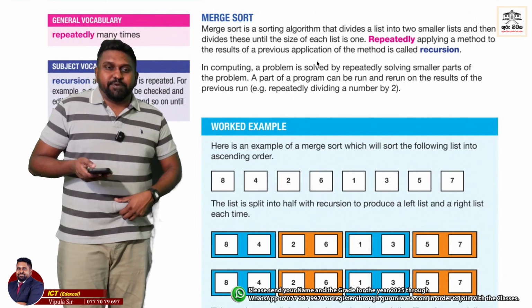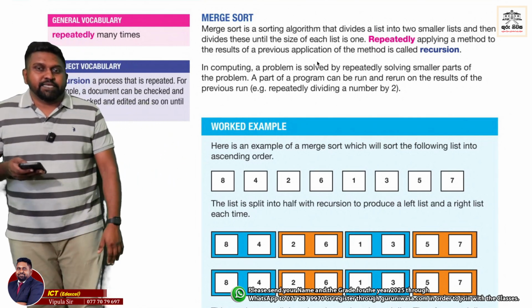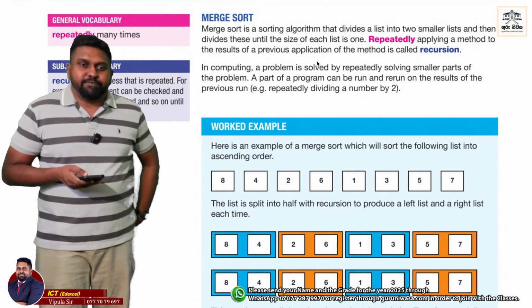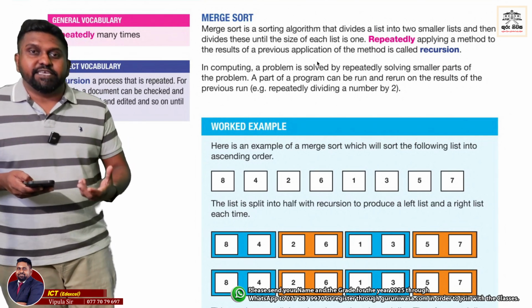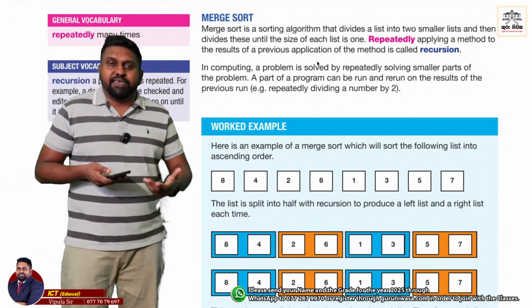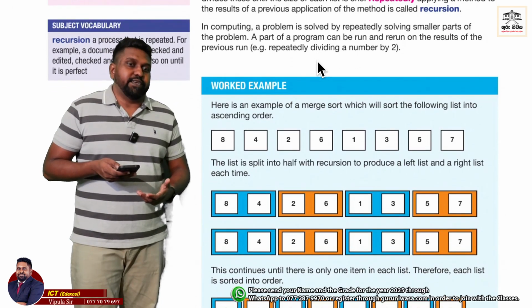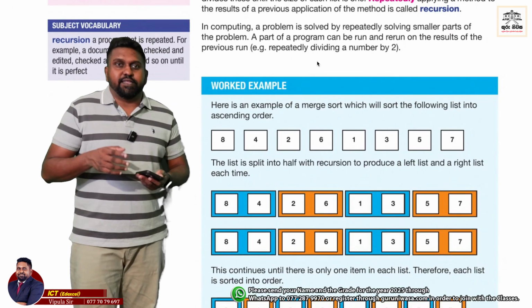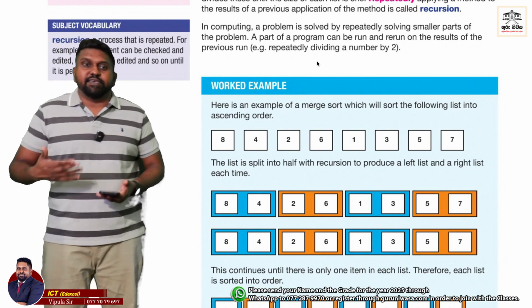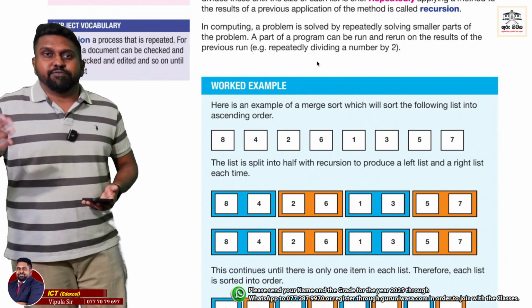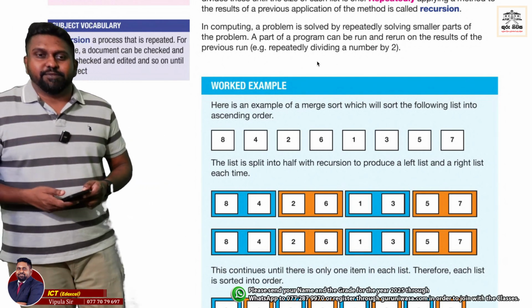So in computing, these types of verifications and validations are done almost every time, because when you get huge data sets, it is practically required to do sorting and so on.